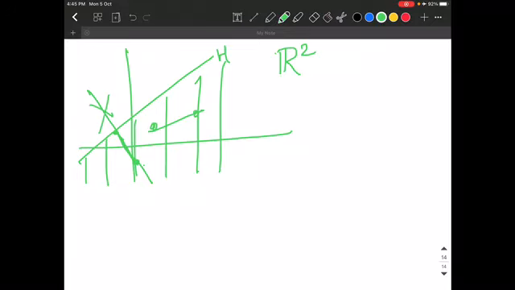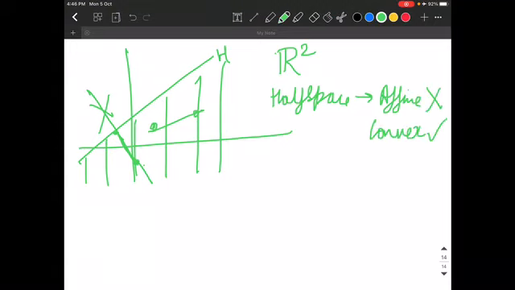So a half space is not affine, but it is convex.